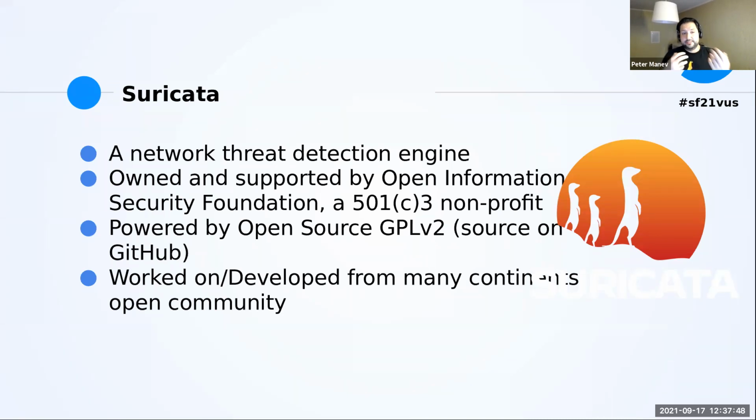So Suricata is a network threat detection engine. As I mentioned, it's owned and supported by the Open Information Security Foundation, which is non-profit, open source, and is actually worked on and contributed to by people from all continents.